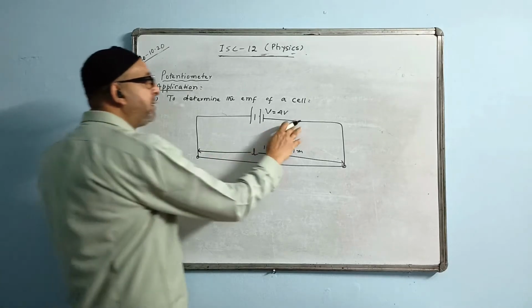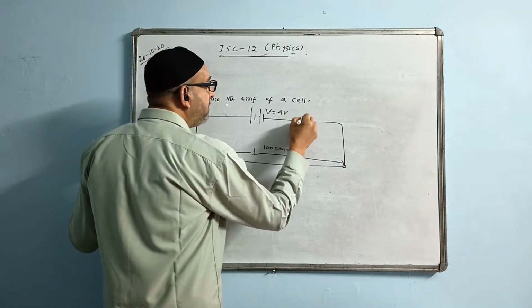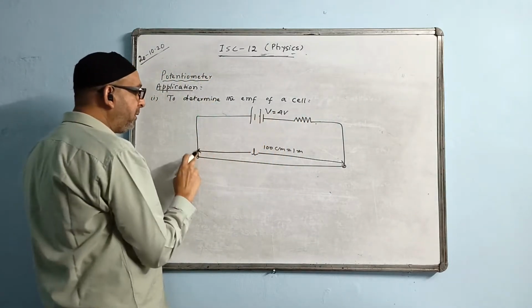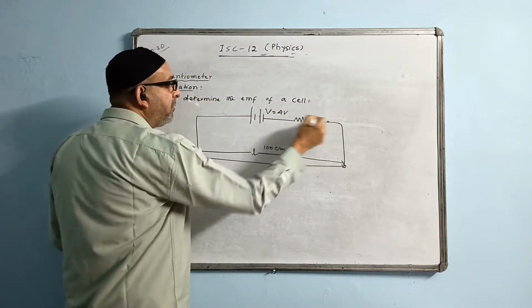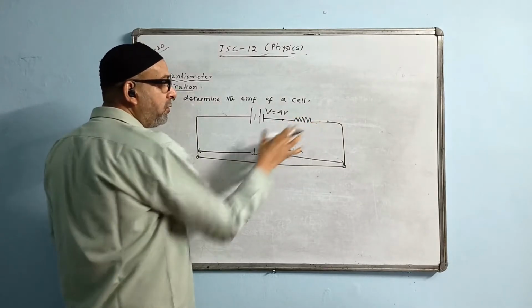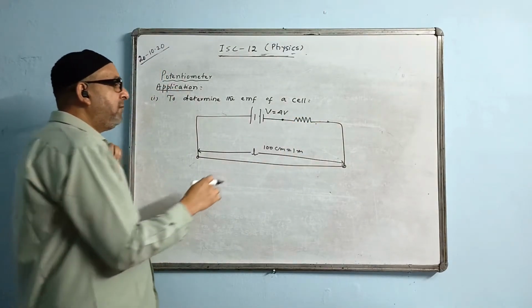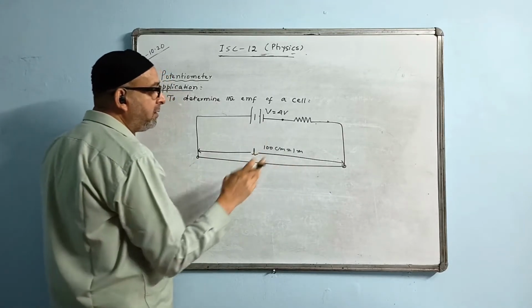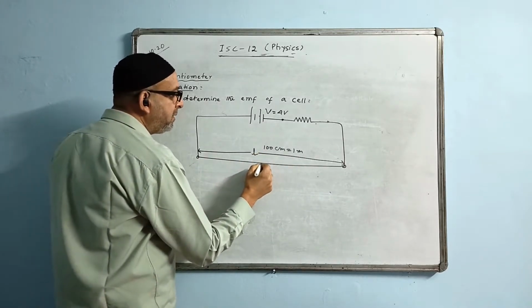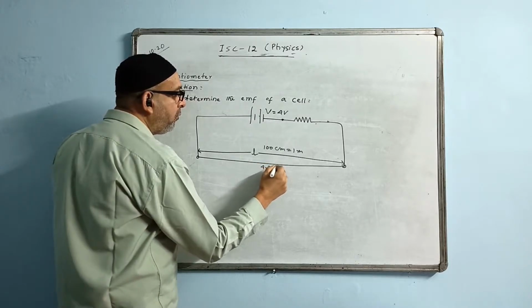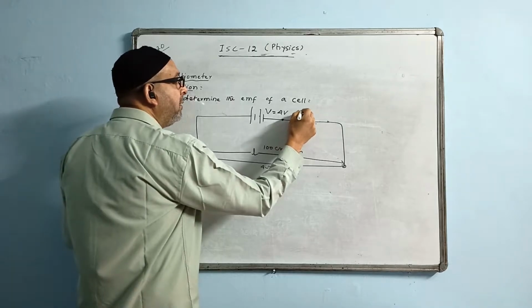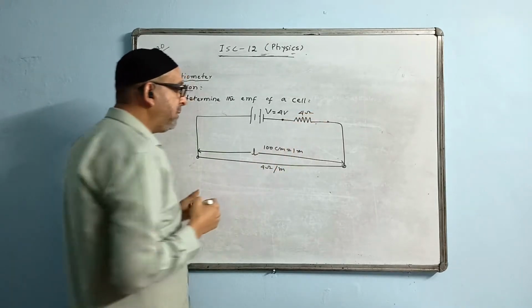But if there is some resistance over here, then the 4 volt is not only applied across this, it is also applied across this. You have to consider this also. In that case, they will give the resistance of this wire per unit length. Suppose they say the resistance of this wire is 4 ohm per meter, and out here 4 ohm is written.